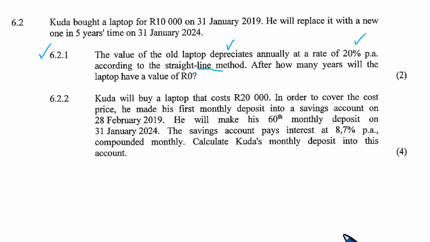We use the simple interest formula. That's okay. So we use A equals P(1 minus in). After how many years will the laptop have a value of 0 Rand? The laptop was initially bought at 10,000.